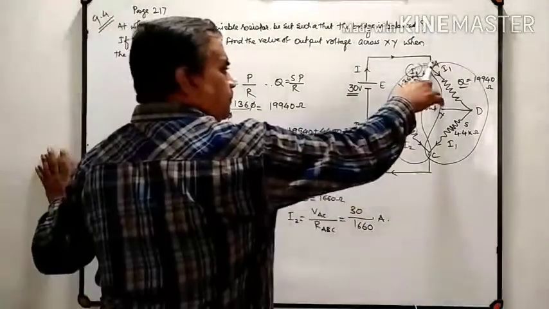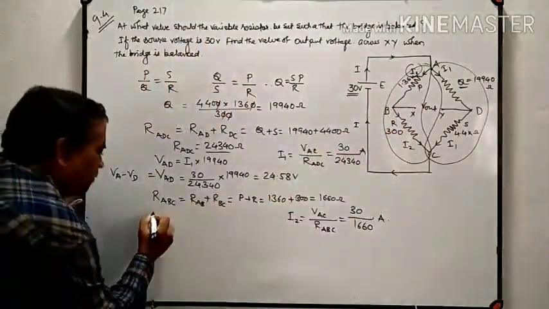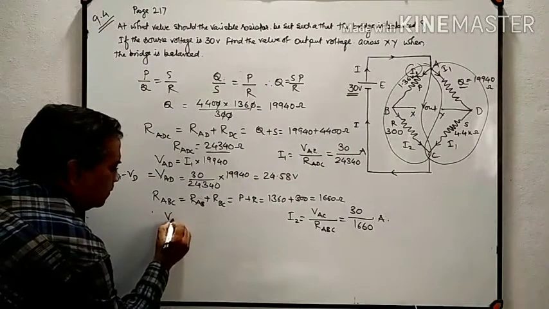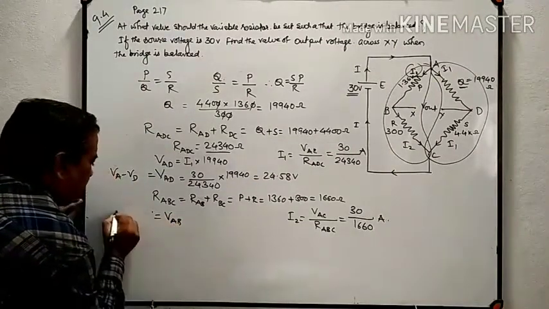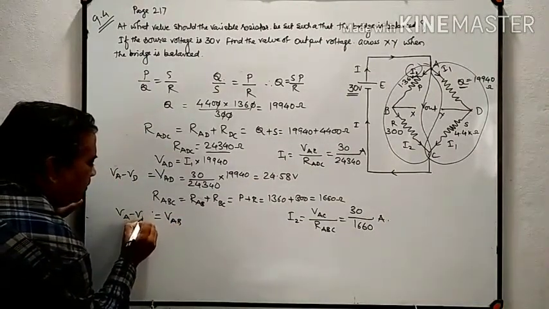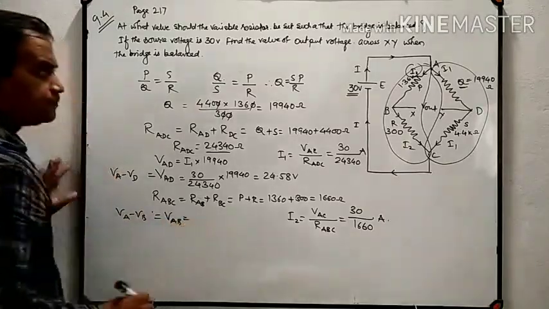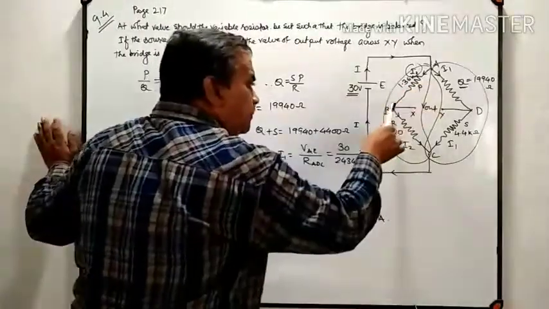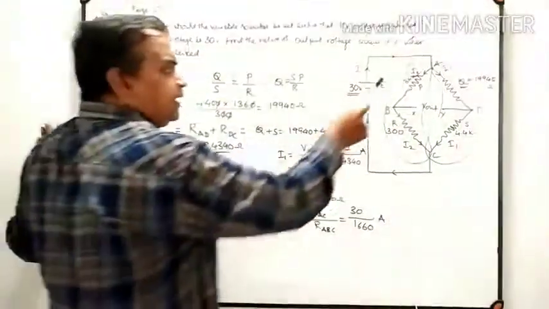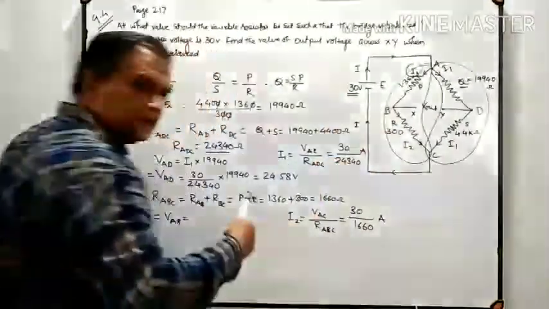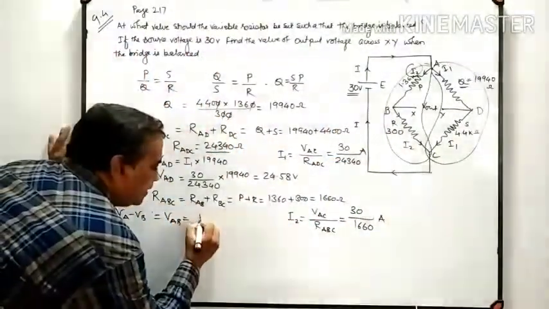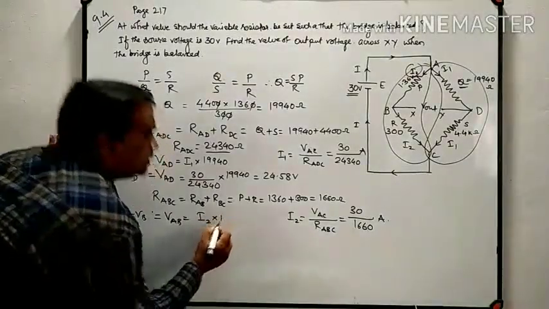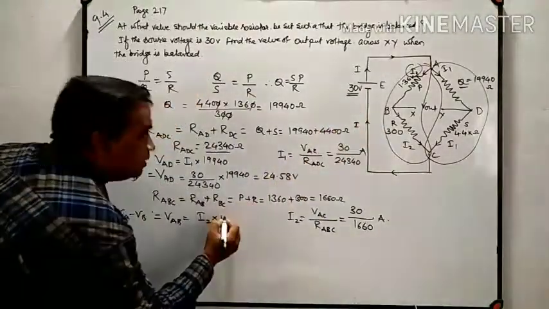Now, potential difference between point A and B, VAB, which is also equal to VA minus VB, is equal to potential difference between any two points is the product of current and resistance across those 2 points. Current is I2, resistance is what?